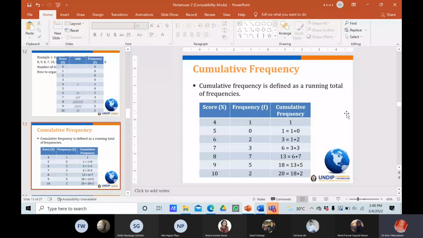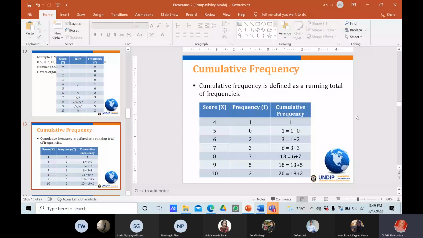The number of data is 20, so you have to get 20 in the last row of cumulative frequency, because all the students are included, and all 20 students got less than or equal to 10, the maximum score.